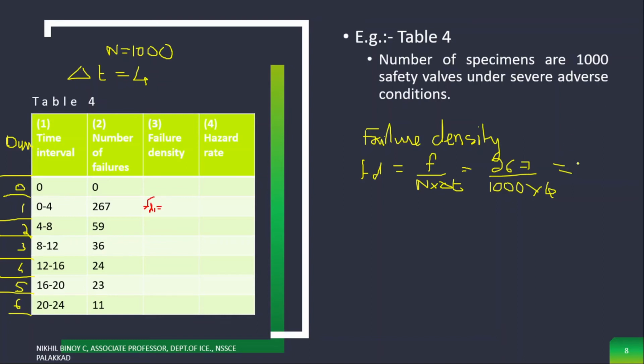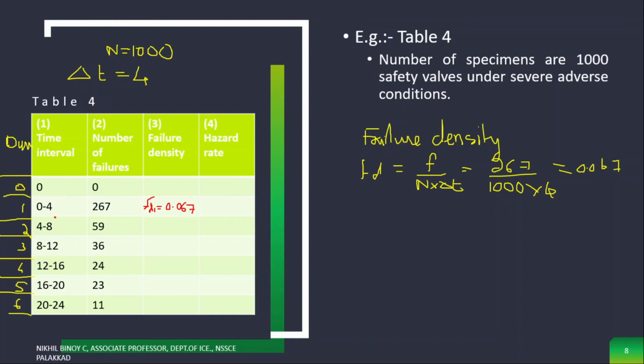If you are using 3 significant digits, this is equal to 0.067. So that one is a failure density corresponding to the first duration.